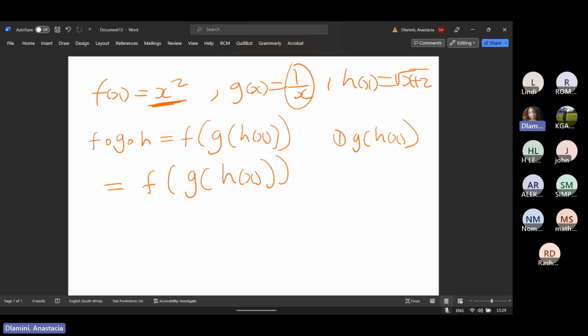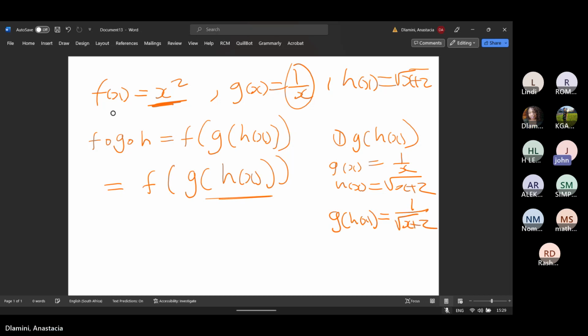Yes. So let's start here. Let's start with this expression. We know g of x equals 1 over x. We know h of x equals square root of x plus 2. So g of h of x equals 1 over square root of x plus 2. Do you see that? Yes, no?